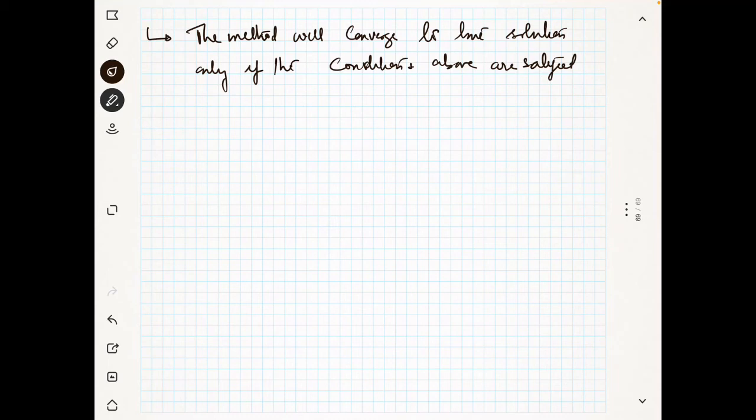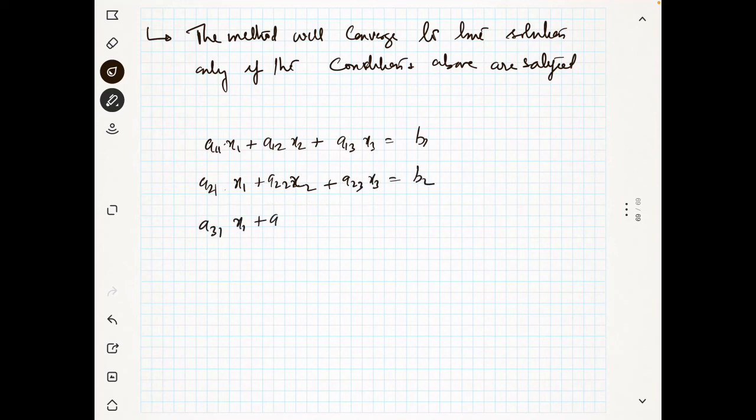Now I will rewrite the equations. a11 into x1 plus a12 into x2 plus a13 into x3 is equal to b1. a21 into x1 plus a22 into x2 plus a23 into x3 is equal to b2. a31 into x1 plus a32 into x2 plus a33 into x3 is equal to b3. So what is my x1?